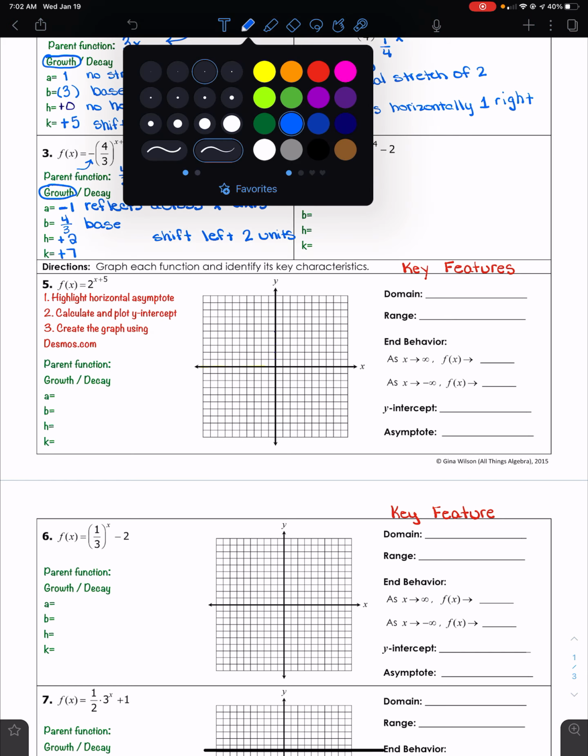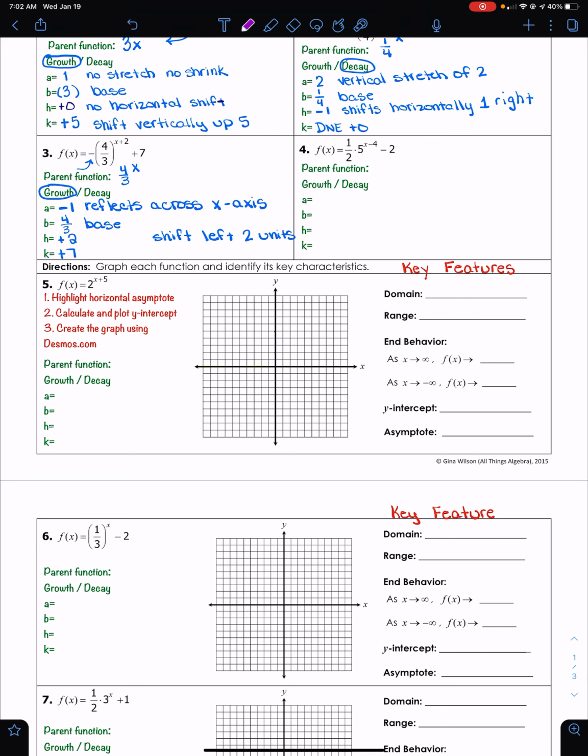Okay, so let me put that in a different color to make sure you catch that. That was my mistake. That one's a horizontal shift. All right, so then +7, K value, that's the vertical shift. And that one is up 7 units.